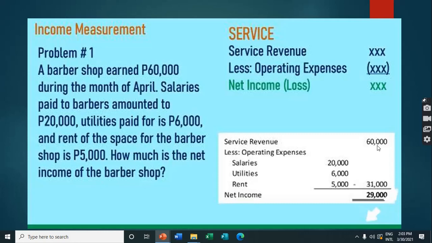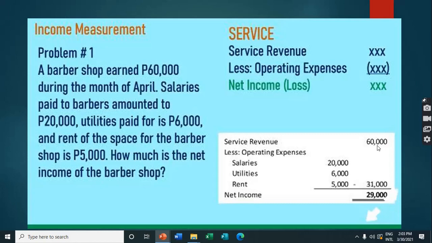Ayan, magkano na yung... So, ang net income mo is 29,000. So, may natira ka pang 29,000 out of sa service revenue na 60,000. Niless mo na yung operating expenses mo na 31,000, may net income ka ngayon na 29,000.